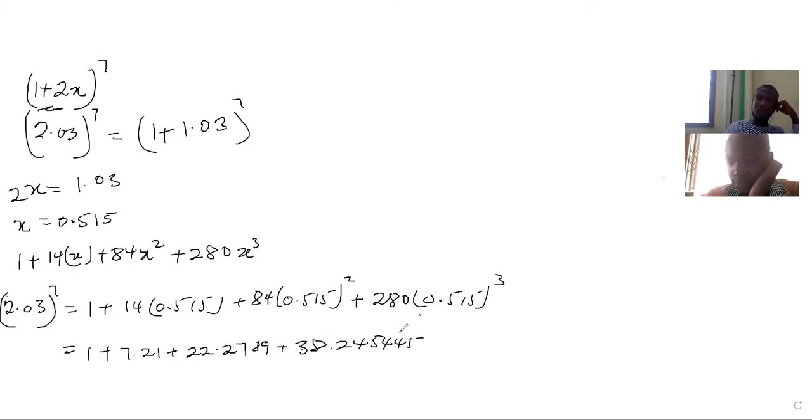This is what you got after all these exponents. Add them and let's see. I had 68.74335.